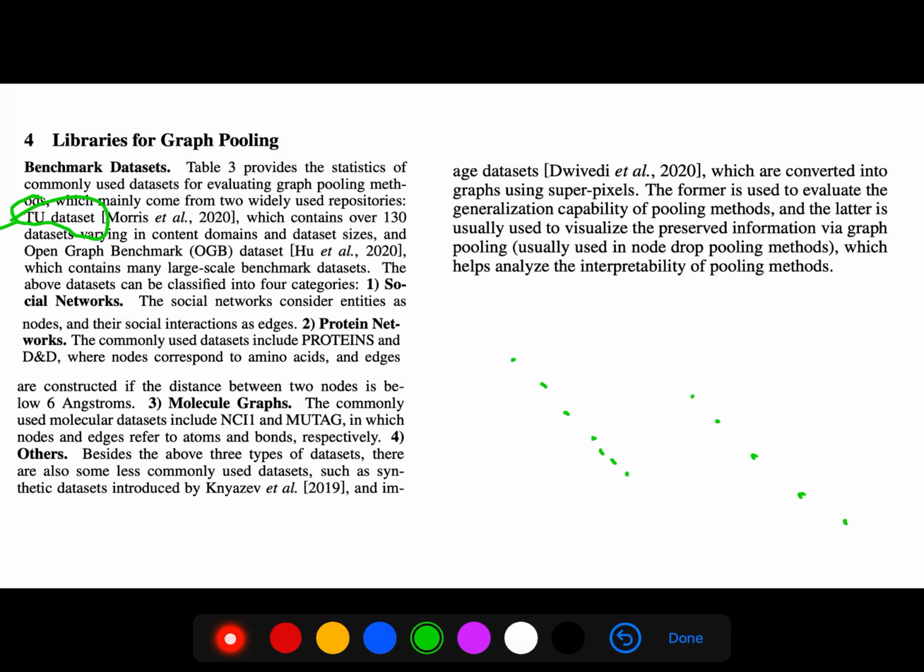So the above datasets can be classified into 4 categories: social networks, protein networks, molecule graphs, and others.